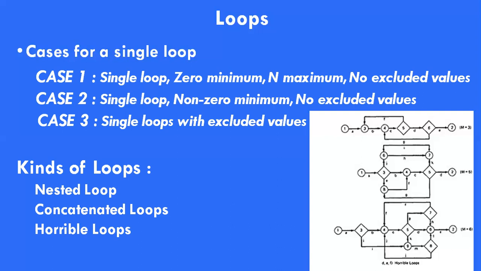Now, all these things depend on the loop testing time. Any kind of loop can lead to long testing time, especially if all the extreme value cases are to be attempted, like max minus 1 or max plus 1. This situation is obviously the worst for nested and dependent concatenated loops.